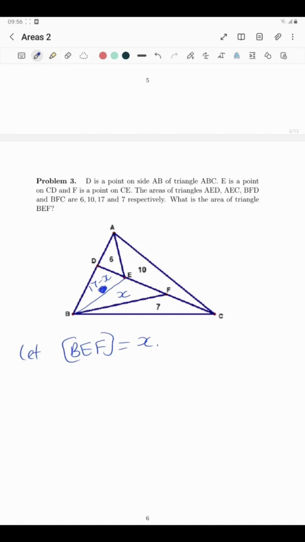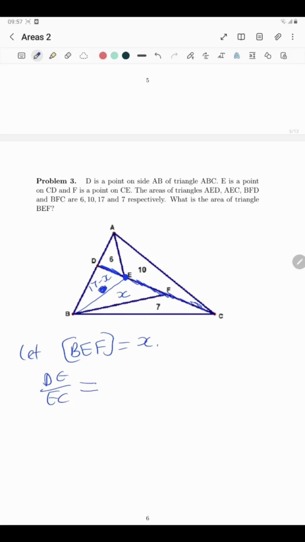There are a couple of things that we can do here, but if we are focusing on point E, you can see that point E is connecting point D to E, and it's connecting point E to C. So if we are smart, we can actually calculate DE over EC in two ways.